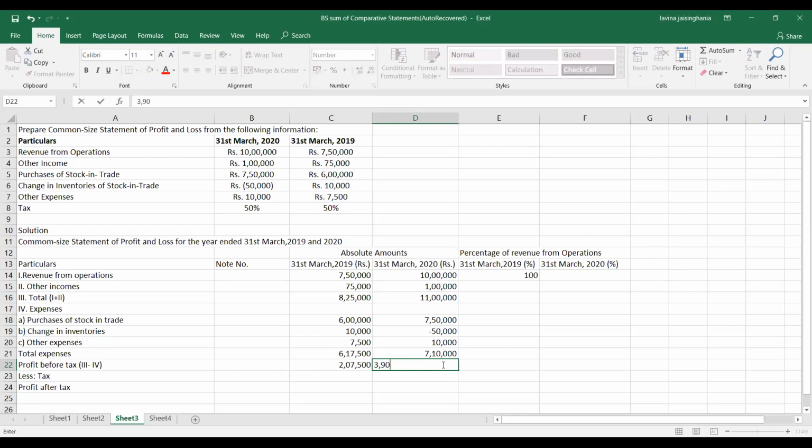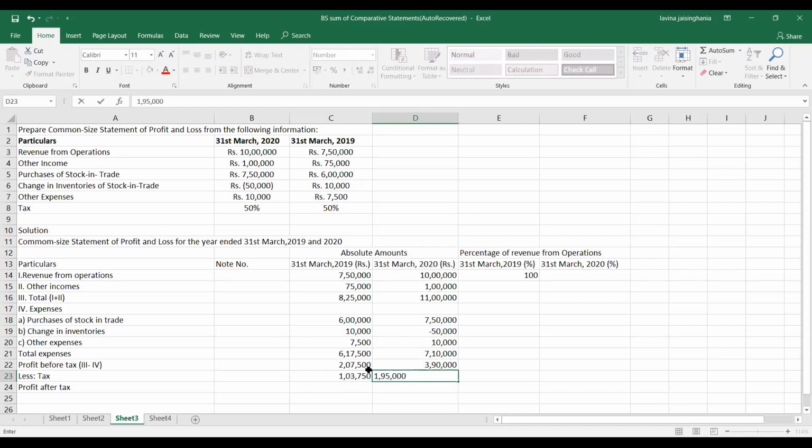Okay, and then you have to charge tax. You have to charge the tax at 50% because you're having profit. If there was a loss, we would not have charged any tax. So 50% for both the years, the tax rate is the same. 50% of 2,07,500 is 1,03,750, and 50% of 3,90,000 is 1,95,000.